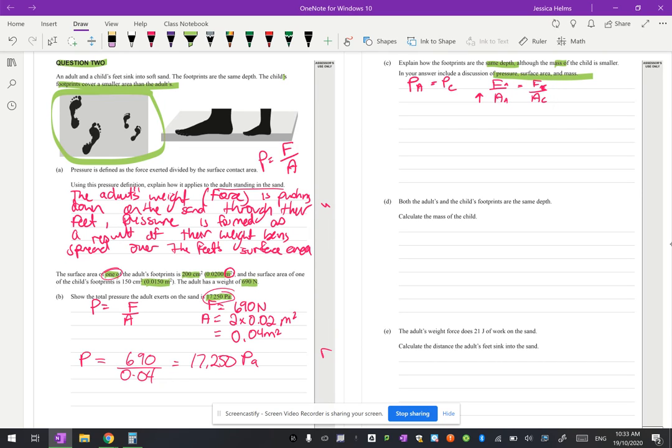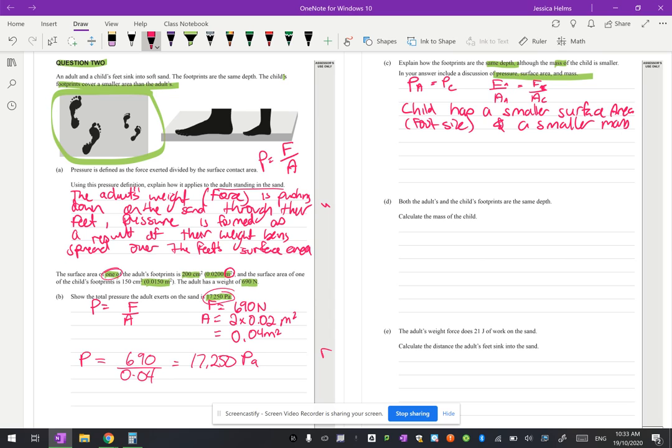Okay, so what we need to talk about in this answer is that we need to say that the child has a smaller surface area, so foot size, and a smaller mass.